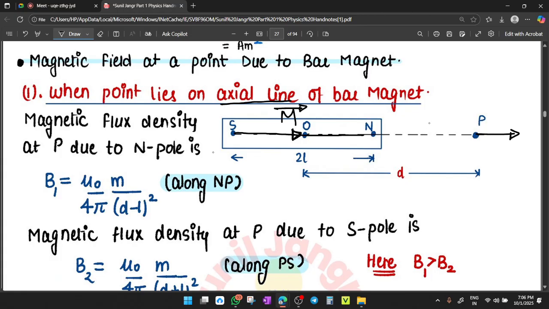So in the axial condition you can write that B axial is parallel to vector M. Vector M means the magnetic dipole moment, which goes from south to north. Clear? So write this one: B axial in vector form is parallel to vector M.